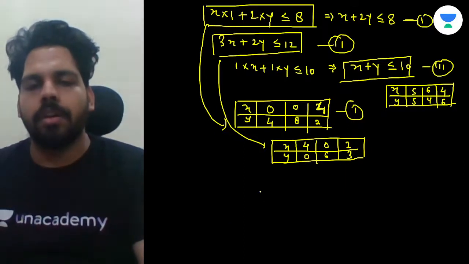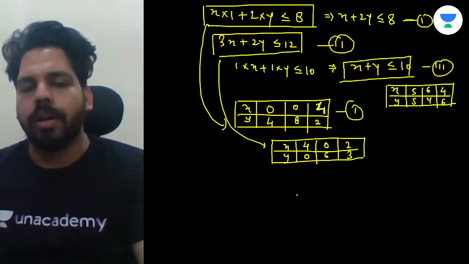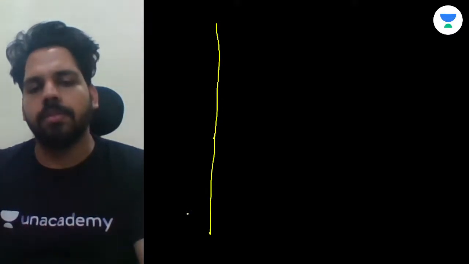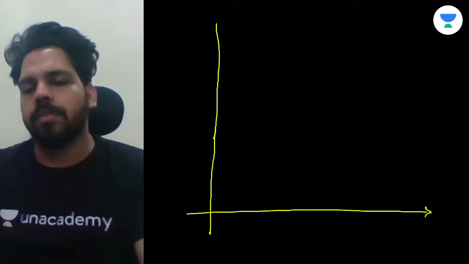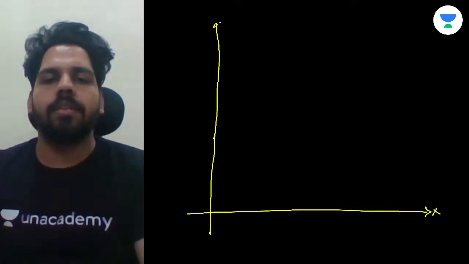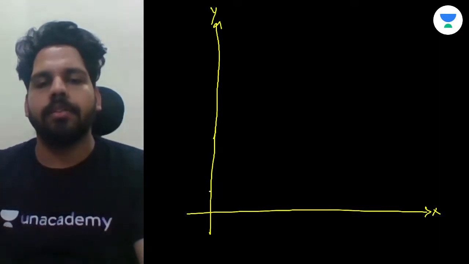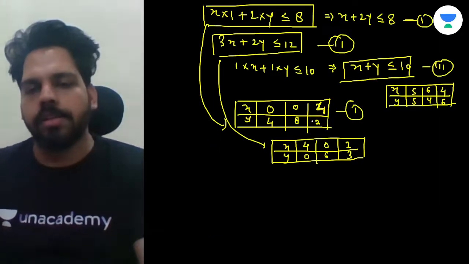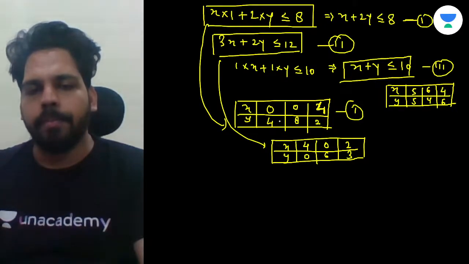Okay, so let's draw a graph first of all. Here we are going to draw the graph. This we can consider as x, this as y, this as O. Here we need points like 0 to 4 on x, and maximum 8 on y.